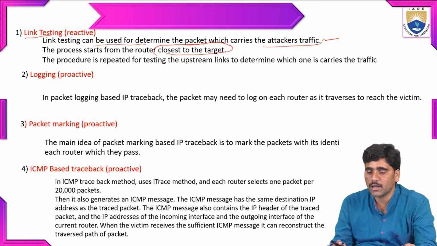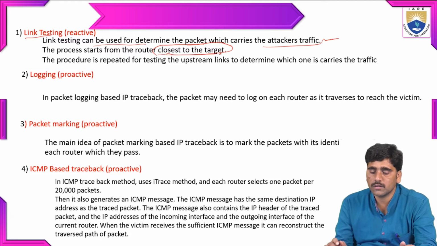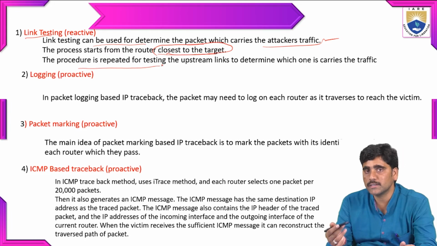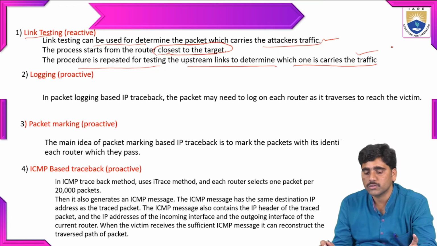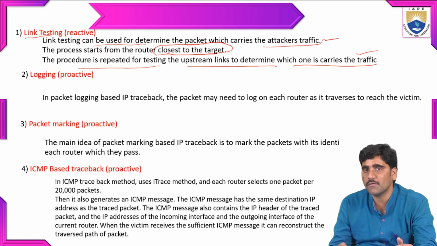The procedure is repeated for testing the upstream links to determine which one carries the traffic. So from the router closest to the target, we perform the link testing. This is performed only after the attack.